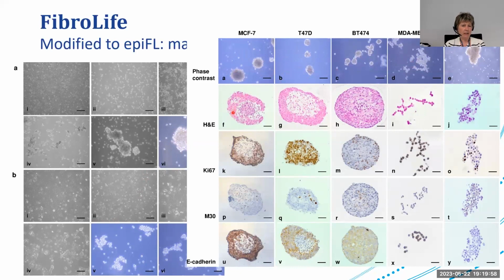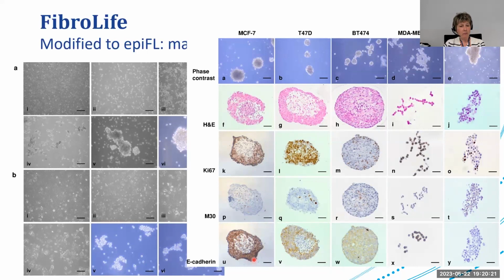And we've taken sections of these spheroids. Here you can see H and E. We've stained with Ki-67. And typically what you see is an outer layer of proliferating cells, which is stained with Ki-67, and apoptotic cells in the center when you stain with an apoptosis marker.